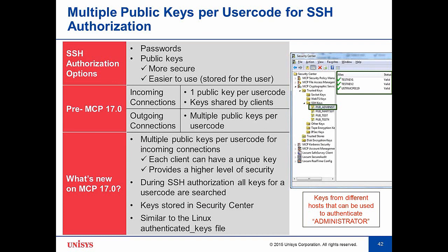We did support multiple public keys per user code for outgoing connections. So MCP 17.0 will now support multiple public keys per user code on an incoming connection. This means that each client can have a unique key and provides a higher level of security. Security Center will store the keys in its data store, and this provides functionality similar to what Linux provides in its authorized keys file facility.